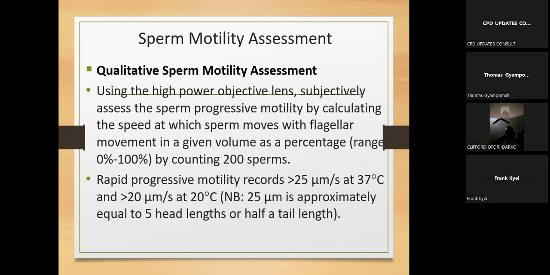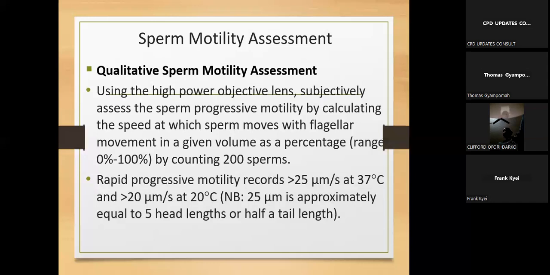So what it means is that if you don't have the benefit of the pre-warmed slide, but you did it at room temperature, around 20 degrees, then you don't expect the movement to be as fast as it would have been if you did it at 37. And so once you know this, you can also make adjustment in your reporting. I hope that point is clear.